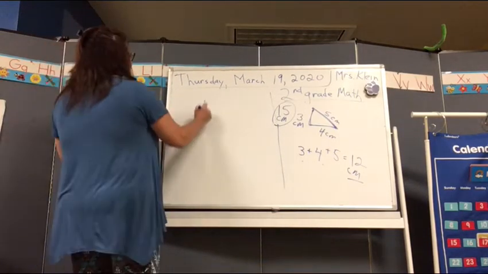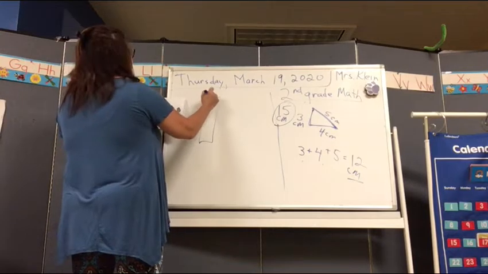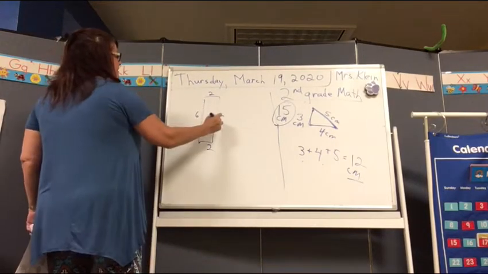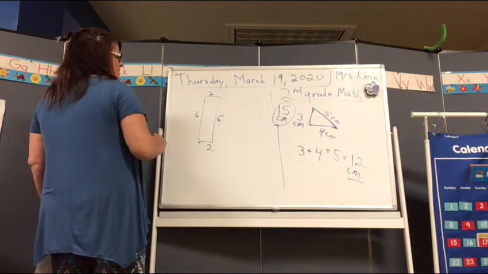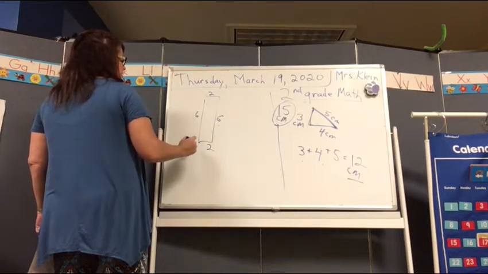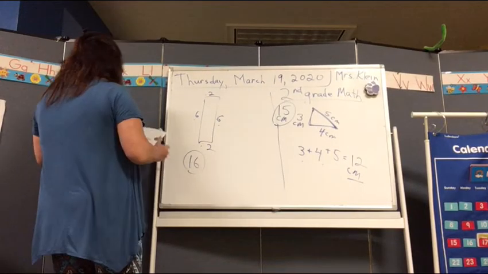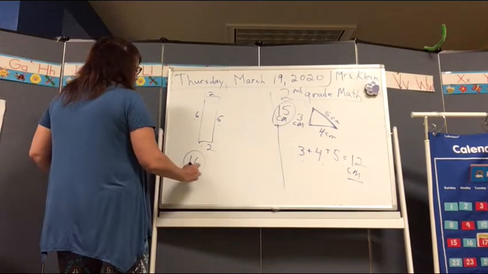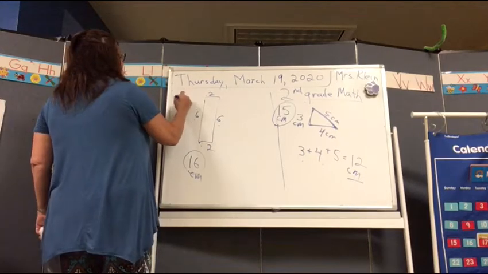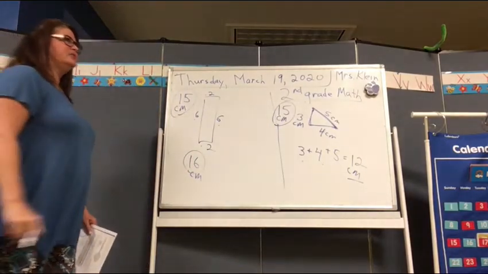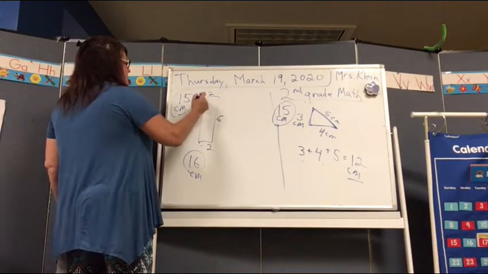The next object is like this, 2, 6, 6, and 2. So let's add this up. 6 and 6 is 12, plus 2 is 14, plus 2 is 16. 16 centimeters. If she has 15 centimeters on her string, can she measure something that's 2 by 6 by 2 by 6?